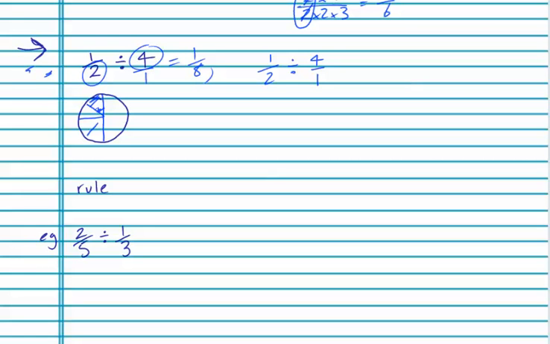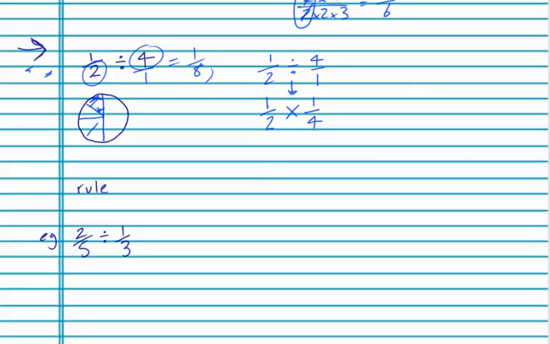The shortcut that makes it easier for us to do is to leave my first fraction alone, make the operation that we're doing a multiplication, and turn the fraction upside down to its opposite, its reciprocal.